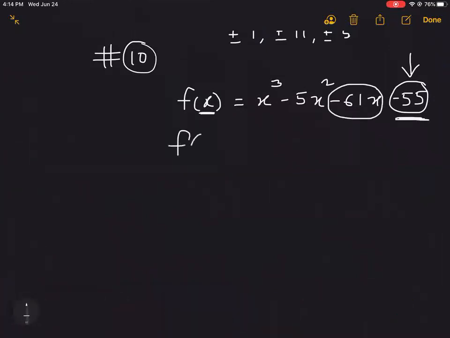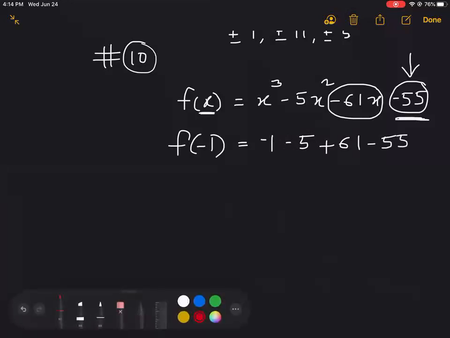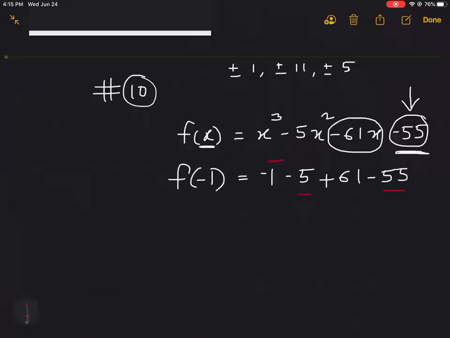So let's try negative 1 first. It will be negative 1, negative 5, positive 61, negative 55. So looks like, yep, it will give you a 0. So negative 1 is definitely one of those.